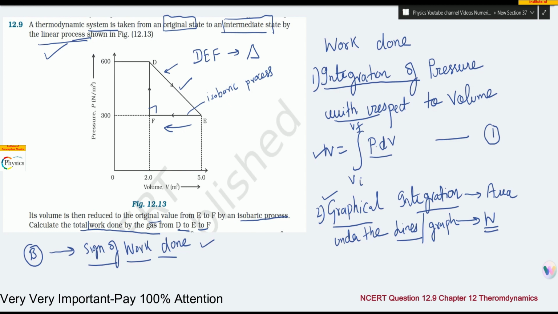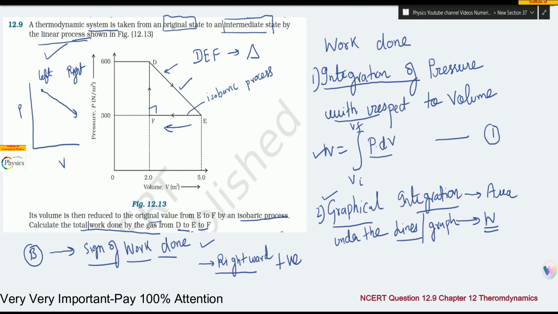If you look at a graph, if the PV line is moving rightwards, for example DE, which is moving from left to right, with P and V on the axes, then the work done is positive.